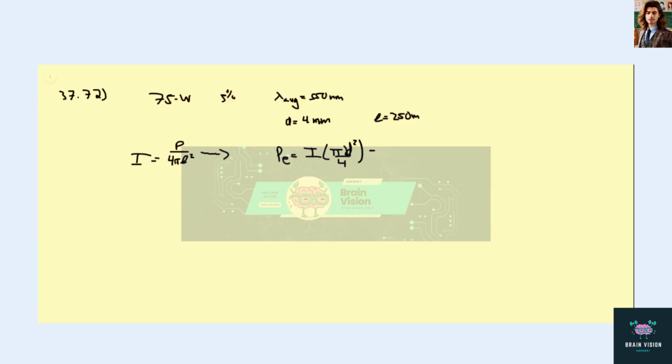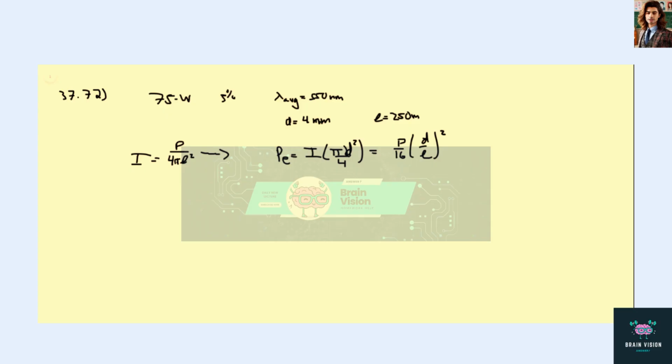If we plug this in together, the power in the eye is given by the power of the bulb over 16 times little d over L squared.